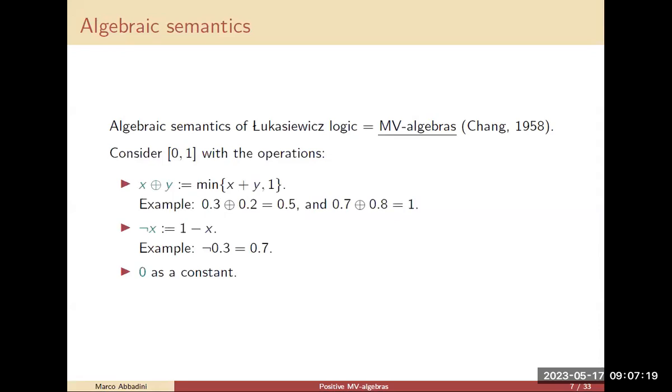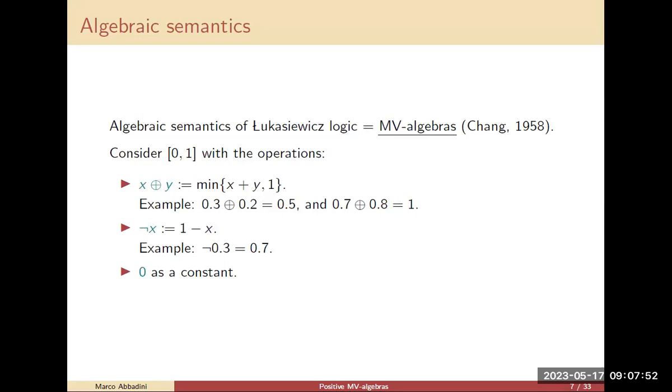In fact, before introducing MV-algebras, let's see the first main example of an MV-algebra, the unit interval [0, 1] with the following operations. We take this truncated sum, which is similar to the usual sum, but the usual sum is not internal to [0, 1]. It might exceed 1. So if it exceeds 1, we take 1. So this truncated sum is the minimum between x plus y and 1.